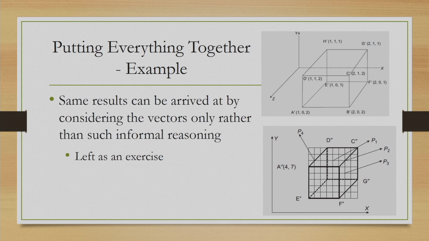Now, here it may also be noted that we have done some informal reasoning to come to the conclusion of the color values, but if we simply apply the algorithms, then also we will get the same result. We do not need to actually do any informal reasoning, but that you can try on your own. We will not work that out here.